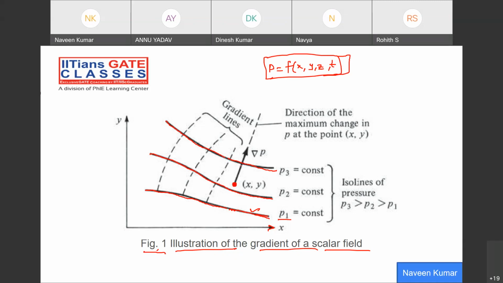Let's say you are at point P here, and you want to calculate the magnitude of del P, which gives you the rate of change of P per unit length at this particular point in the coordinate system.